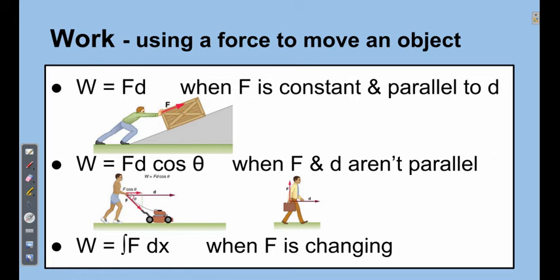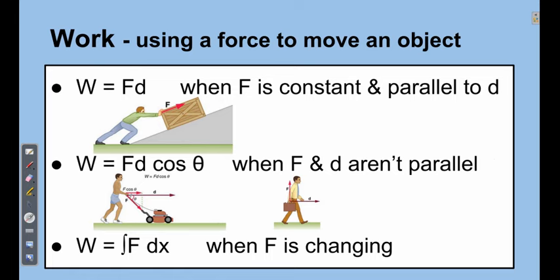There's a third example here, third picture, and in this one, the man is carrying a briefcase. He is lifting upward on the briefcase, so the force is vertical. The displacement of the briefcase is horizontal, in the x direction, so there would be a 90-degree angle between those two, and since they're not parallel, I have to use force times displacement times cosine theta.